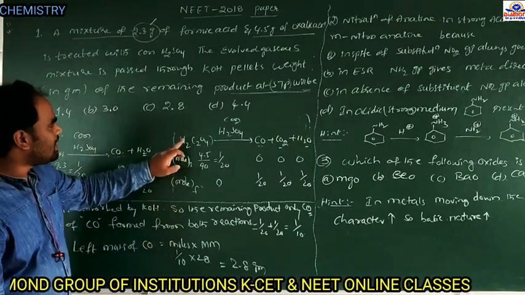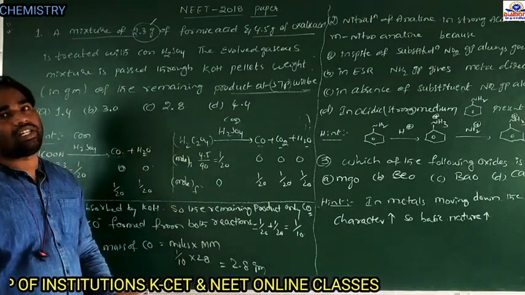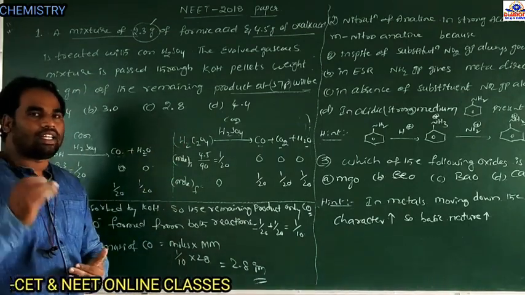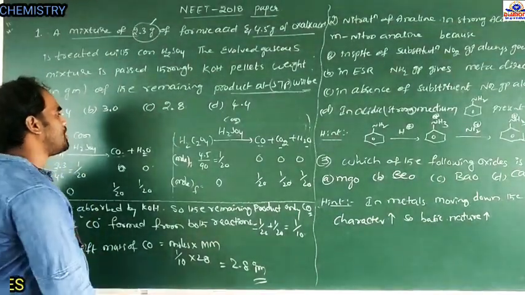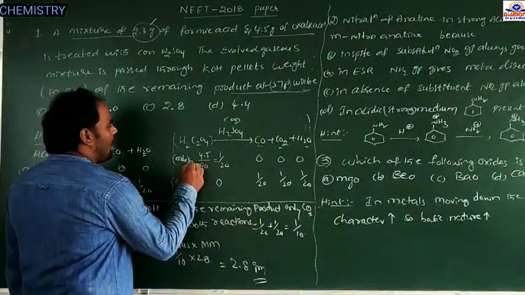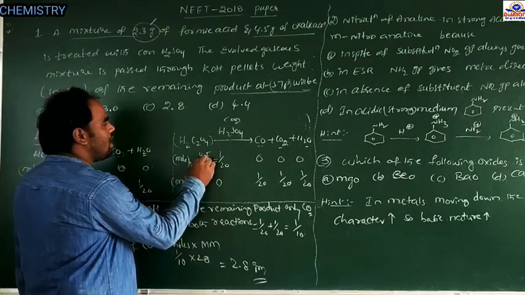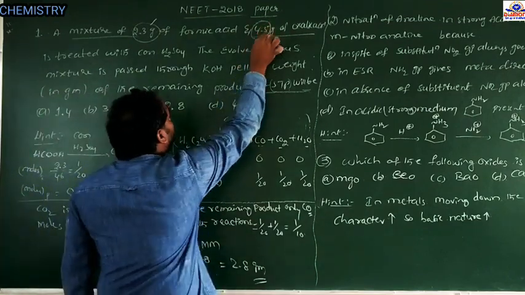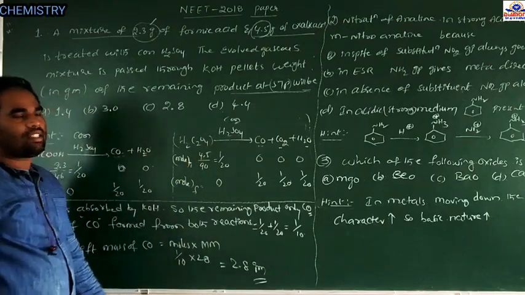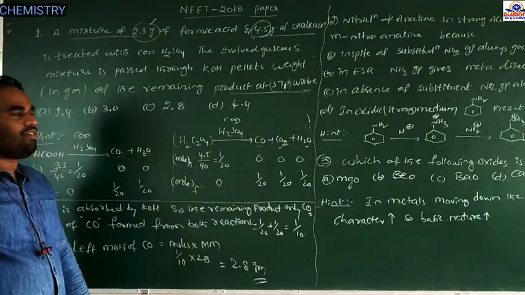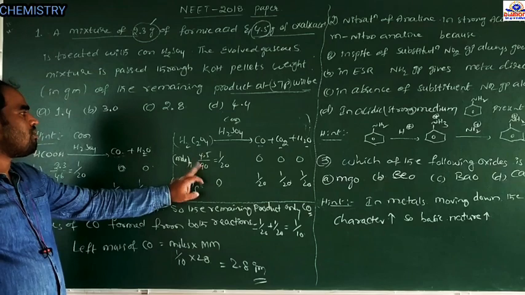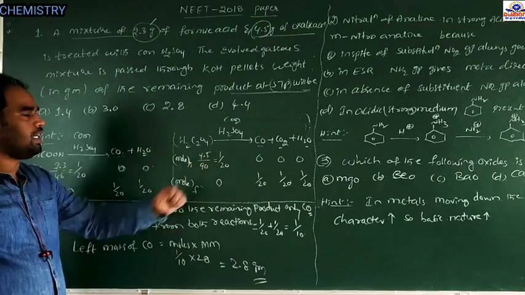Next, the oxalic acid initial concentration, at time equal to 0. Initial moles, number of moles equals weight by molecular weight. Here oxalic acid weight is 4.5 grams, and oxalic acid molecular weight is 90. Therefore 4.5 by 90 is nothing but 1 by 20.